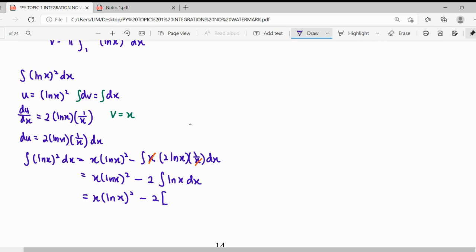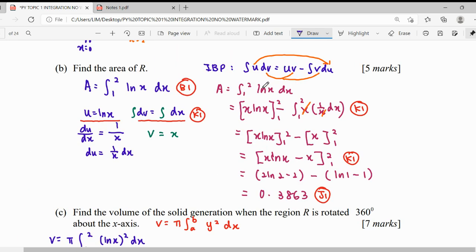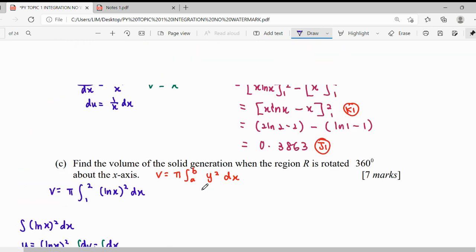Okay, we take down the answer. So this ln x, okay, so we refer here, integrate ln x, what do we have? So that is very important. When we doing integration by part, we have to write our title. Okay, we don't straight write uv minus v du. We write our title so that we know what are we integrating.